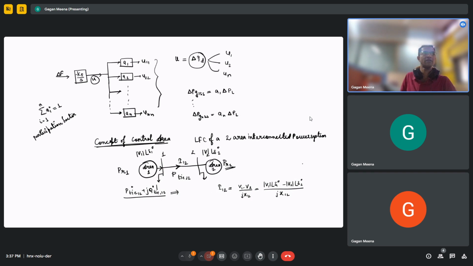Now this is current, so power will be, we know that V conjugate I is equal to P plus jQ, so we can also write V conjugate I is equal to P minus jQ.